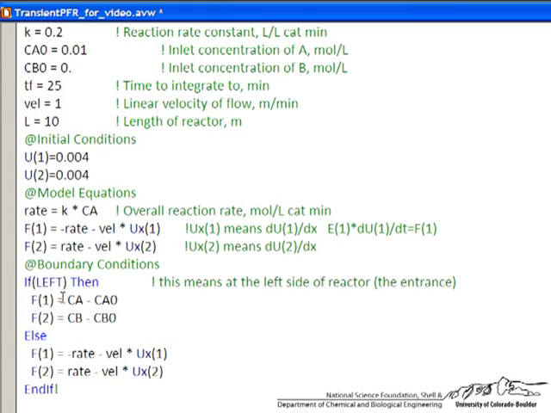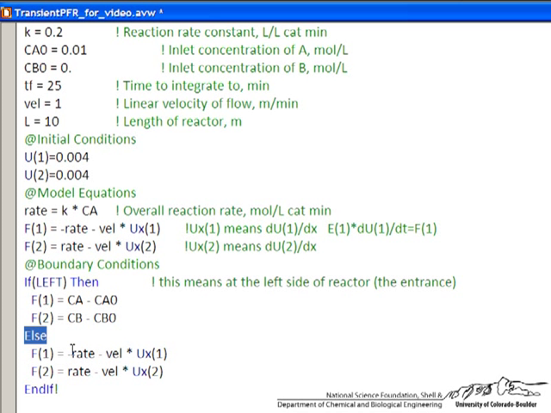So the first statement says at the left boundary, I'm also going to want E1 to be equal to 0, as you'll see. So this makes the concentration, my feed concentration in the reactor 0.01. This makes the concentration of B 0. And so at the left boundary, that's what this means.